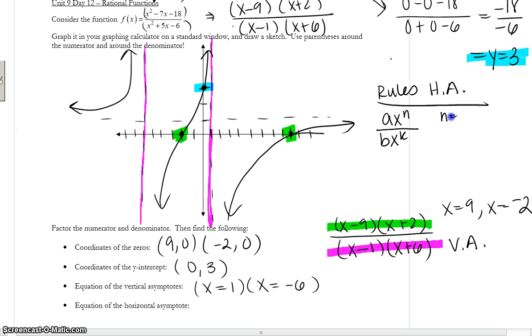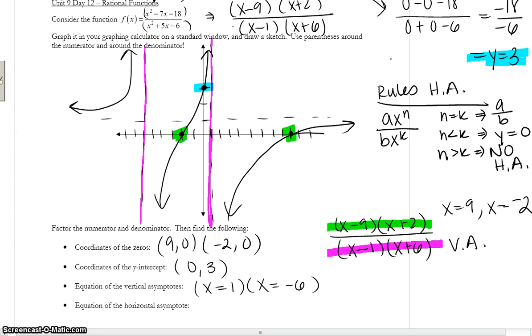If n and k are equal, then our horizontal asymptote will be the ratio of the two coefficients, so a over b. If n is less than k, then our horizontal asymptote is at 0. And if n is greater than k, then our graph has no horizontal asymptote.